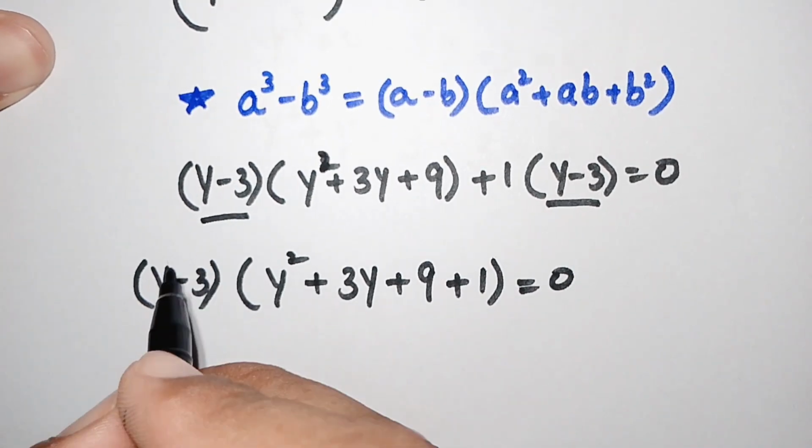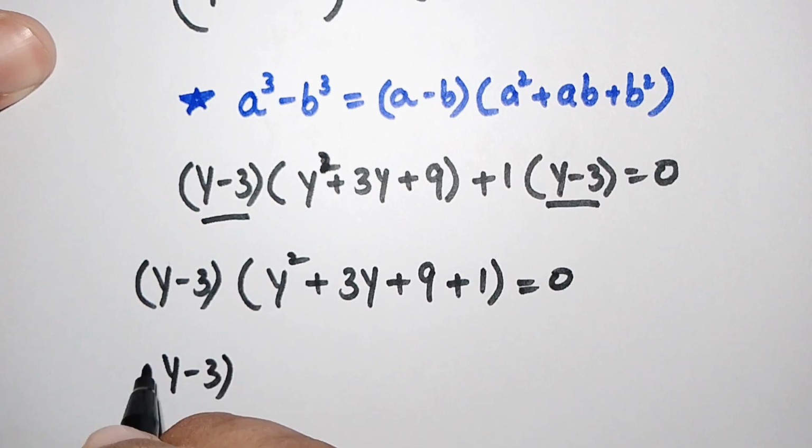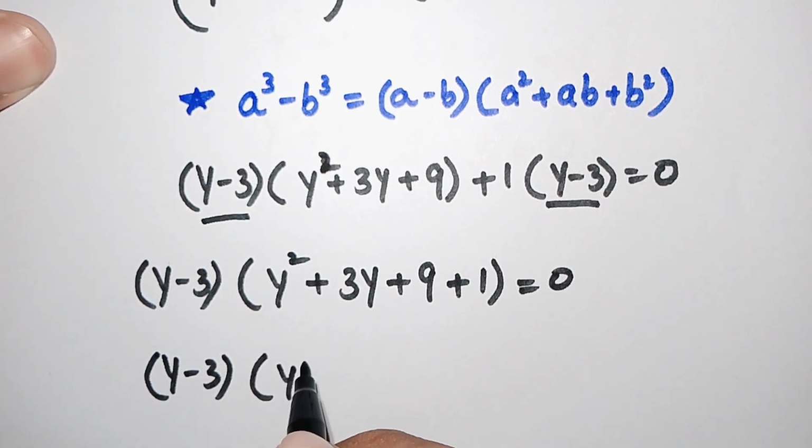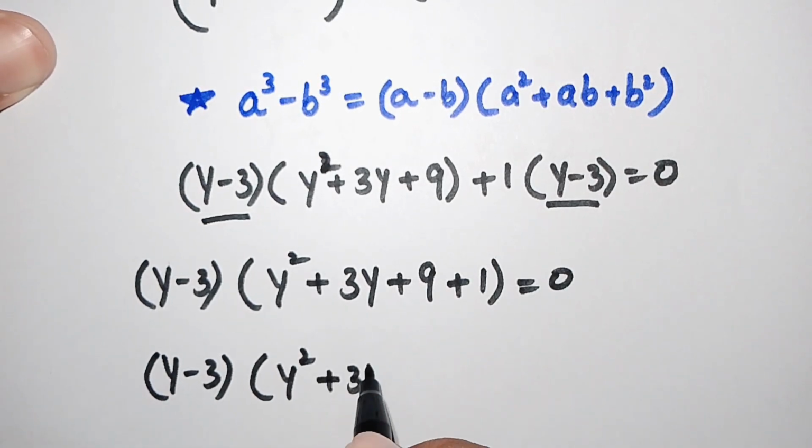Now here we have (y minus 3) times (y square plus 3y plus 9 plus 1, which is 10), which is equal to 0.